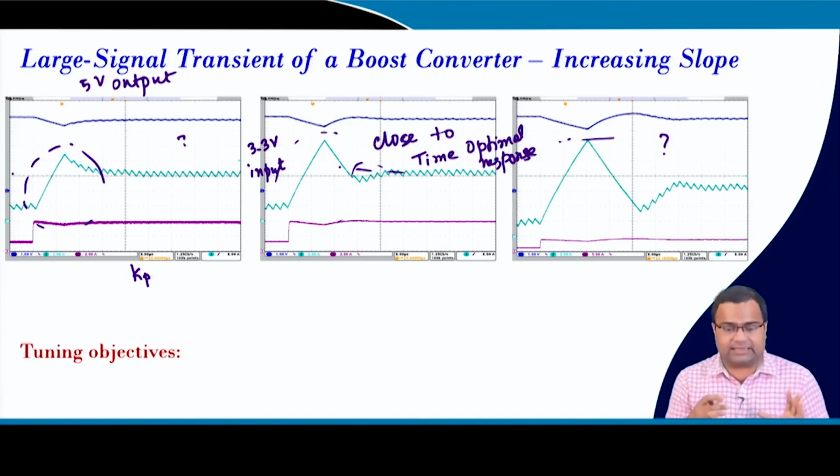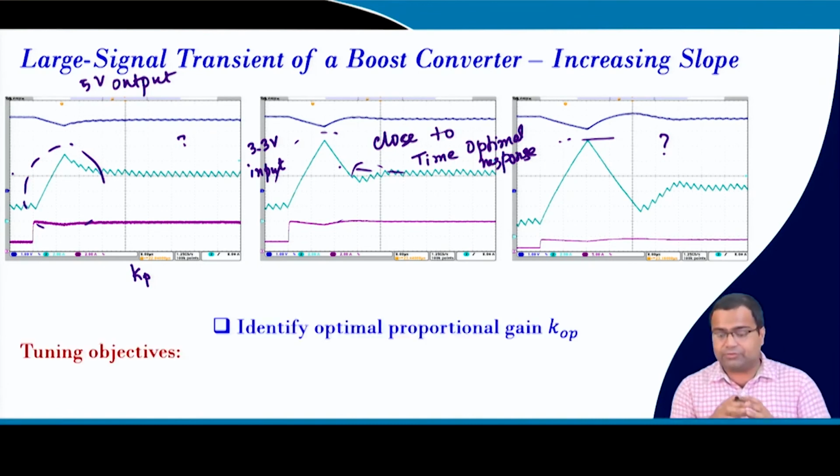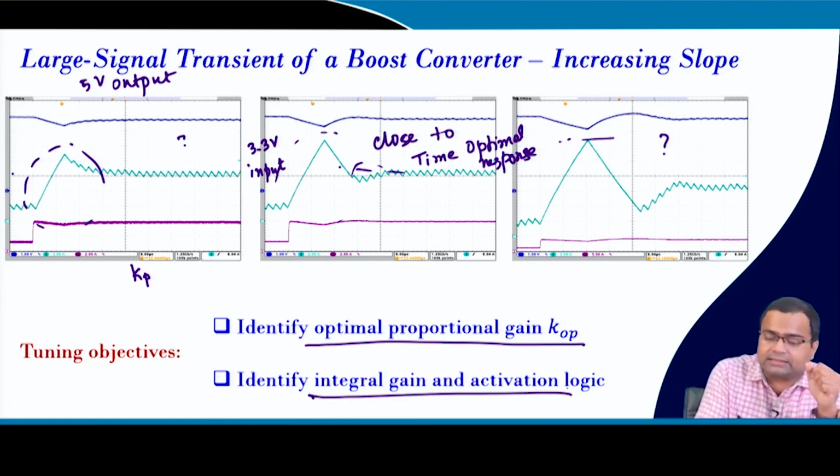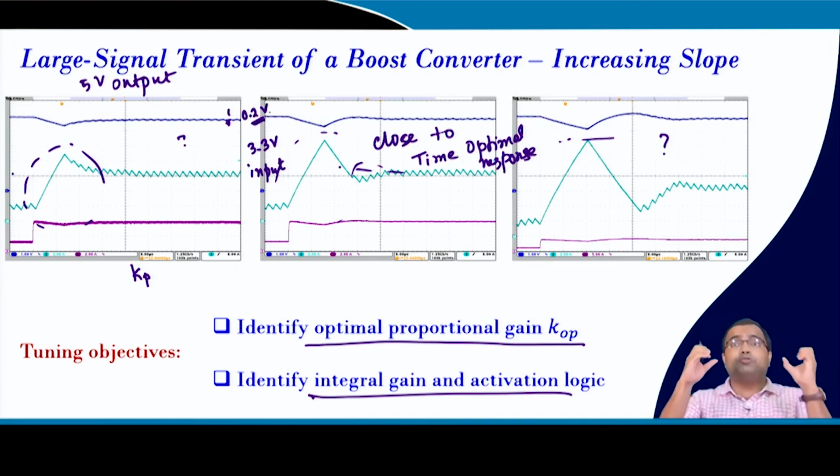So, the tuning objective is that we need to identify the optimal proportional gain, and we also need to identify the integral gain, because you see there is a small steady state error, and this division is 1 volt. So, we are getting a steady state error of around 0.2 volt because we have simply considered proportional control, there is no integral control yet.